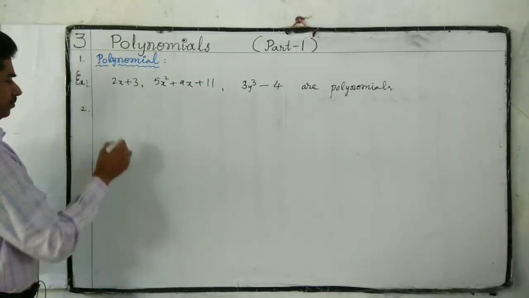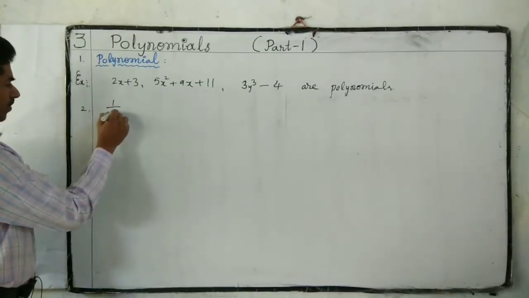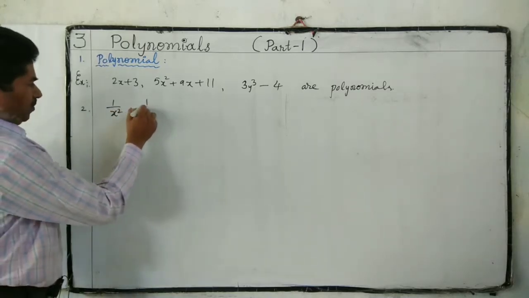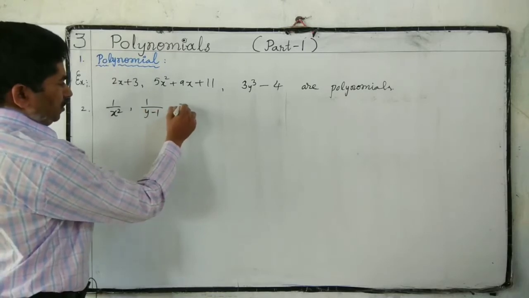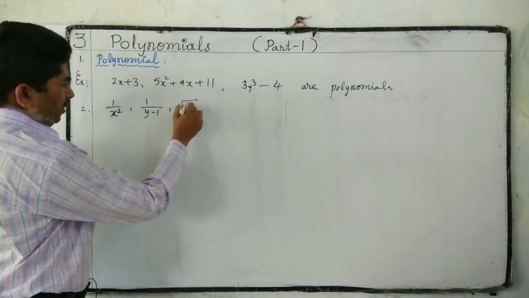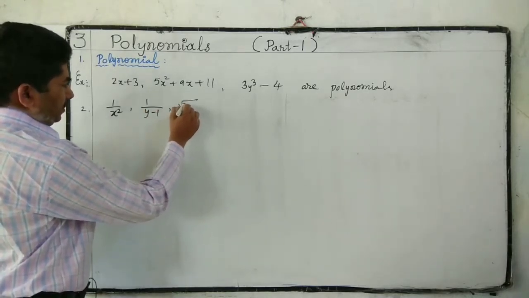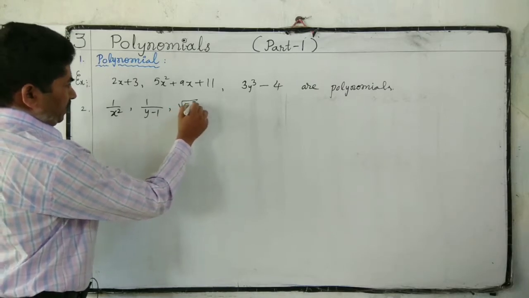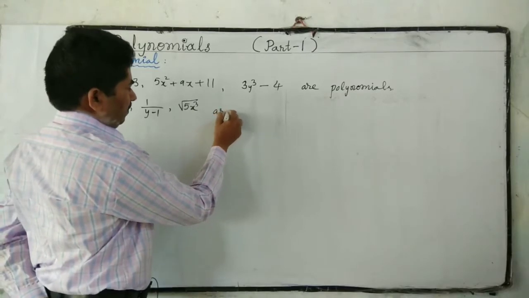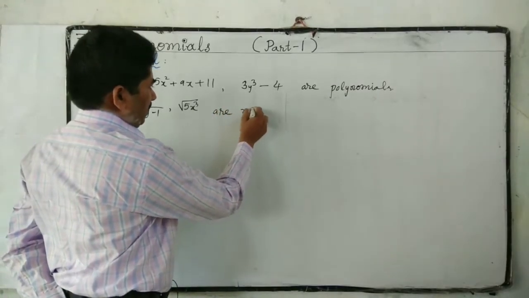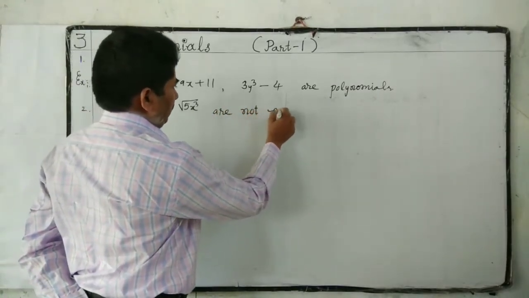Second example, 1 by x square, 1 by y minus 1, square root of 5x cube are not polynomials.